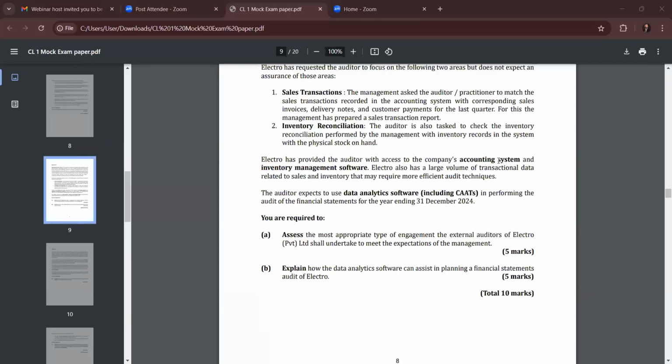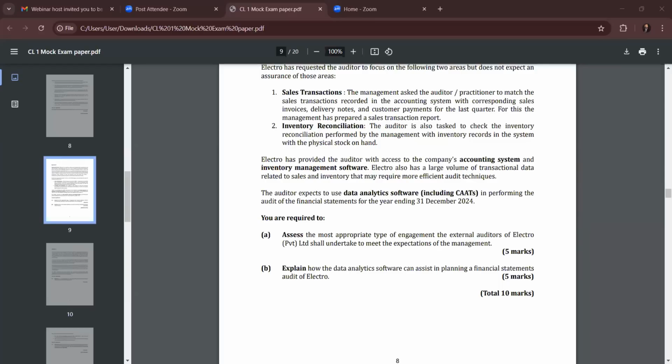Good. So let's move. Question number A and B. You are required to A, assess the most appropriate type of engagement the external auditors of Electro Private Limited shall undertake to meet the expectations of the management.